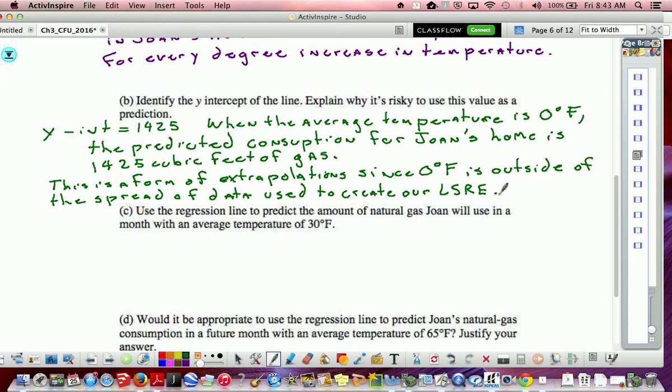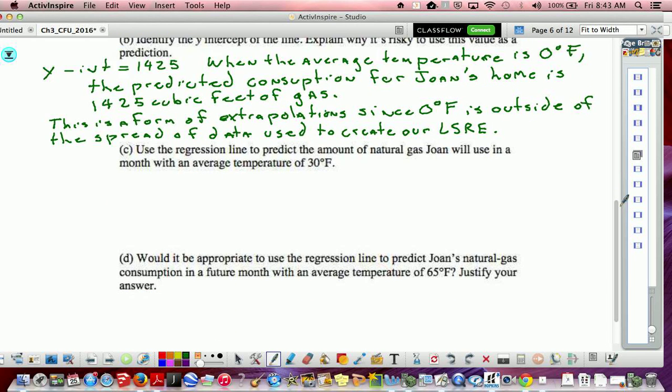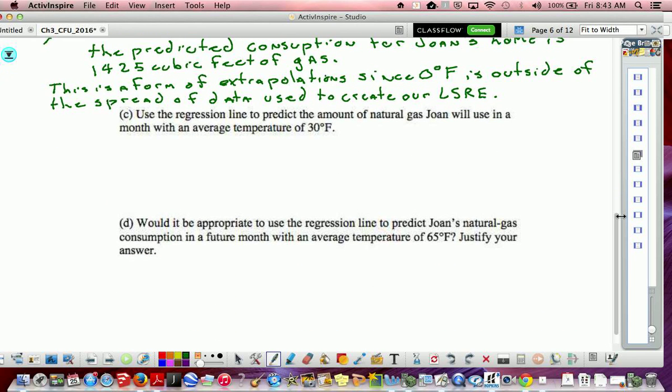All right, C says use the regression equation now to predict the natural gas Joan will use in the month with an average of 30 degrees. So I'm just going to now take my equation and plug in the values. So 1425 minus 19.87 times 30. So I'll plug that into my calculator and it's going to give me a predicted value of 828.9 cubic feet.